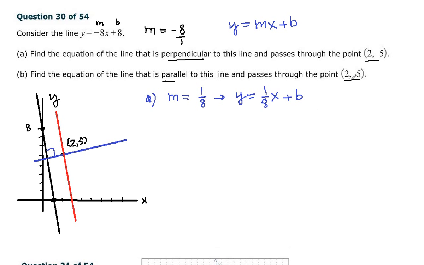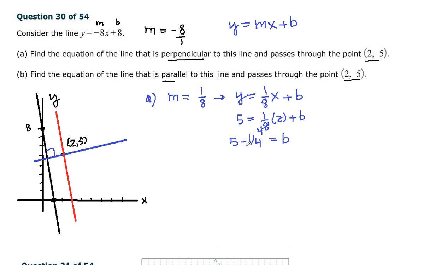And then plug our point (2, 5) in to find b. So 5 is the y, equals 1/8 times 2 plus b. So 2 goes into 8 4 times. So 5 is 1/4 plus b. So we'll subtract 1/4 on both sides. That'll come over to the left as a negative. 5 minus 1/4 equals b.